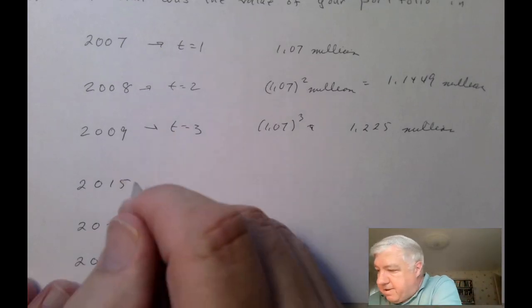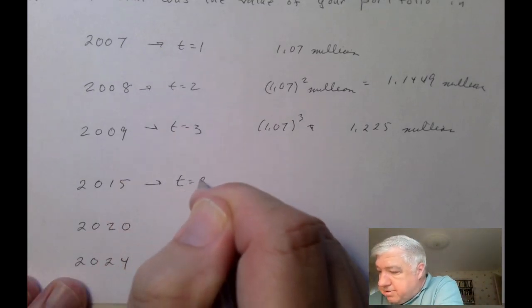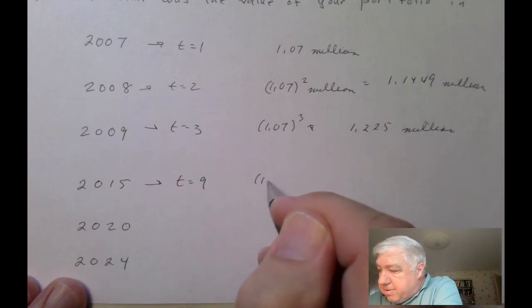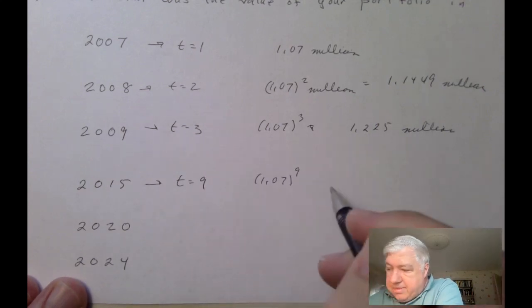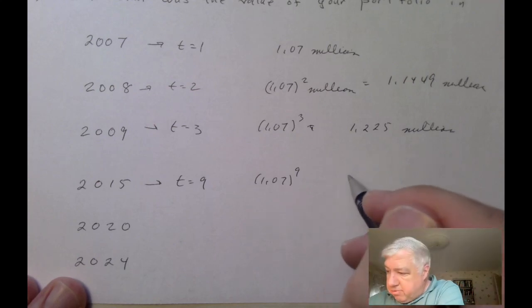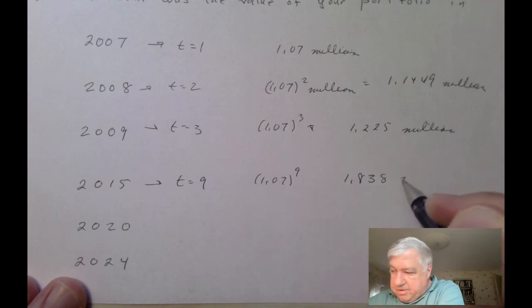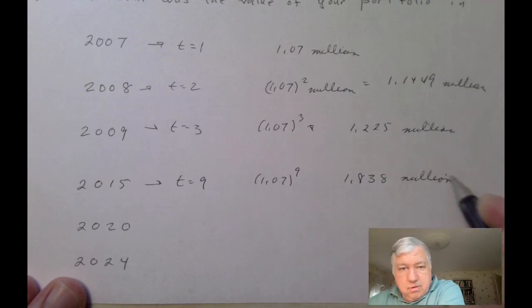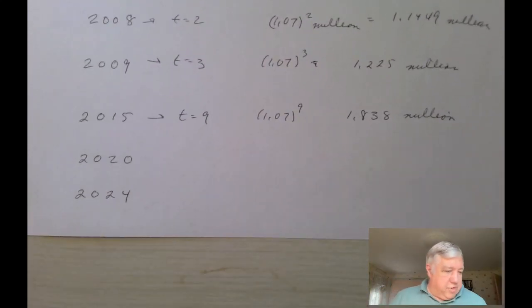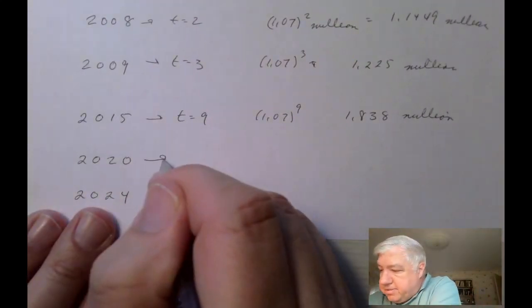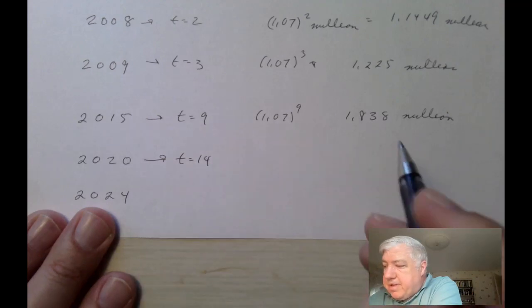2015, that's 9 years since 2006. So this would be 1.07 to the 9th, and that would be 1.838 million. 2020, that would be 14 years from 2006.